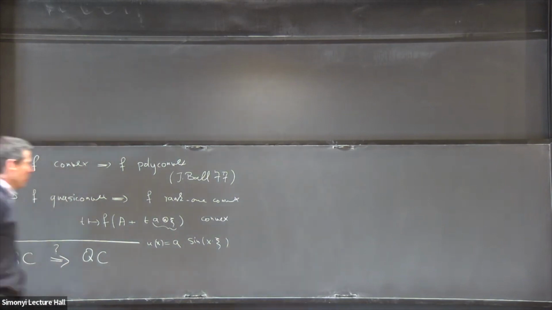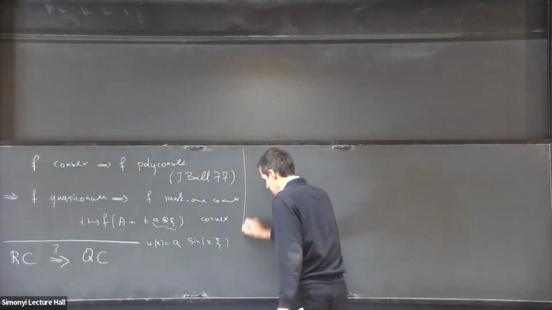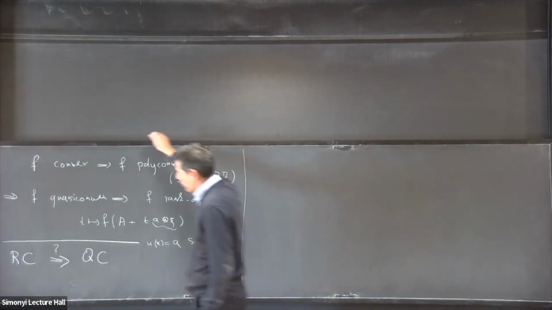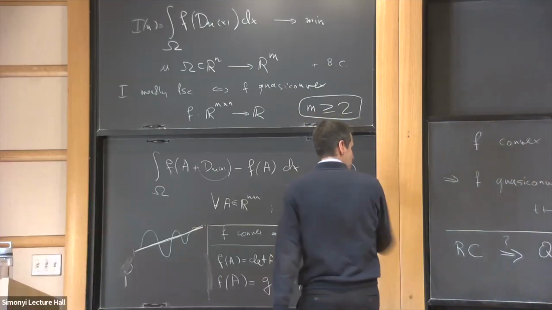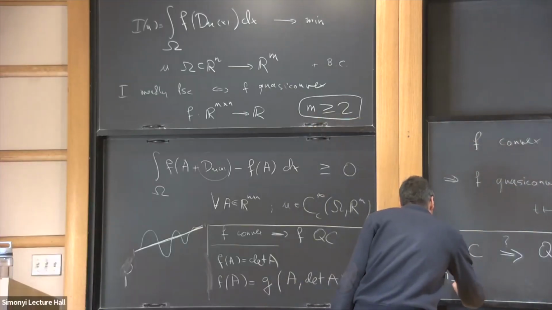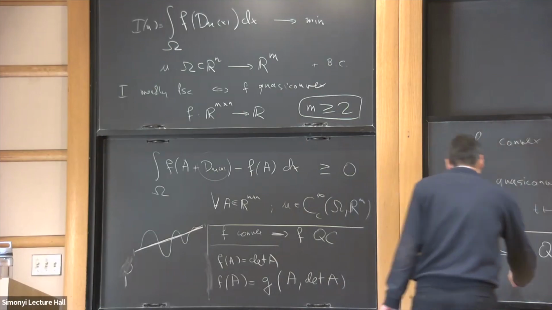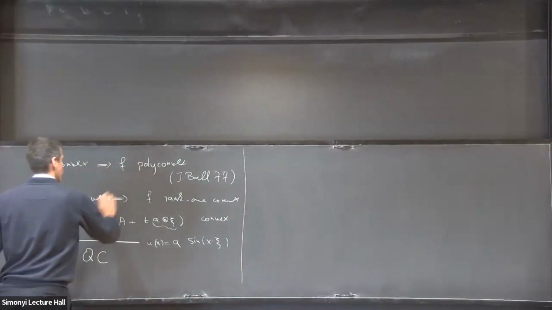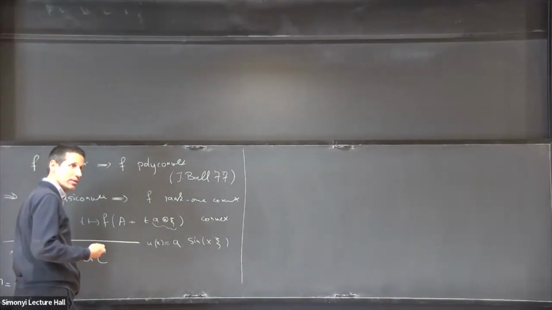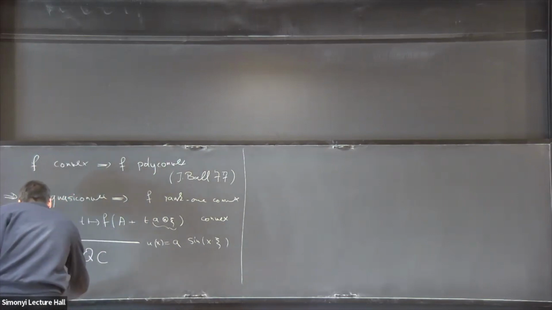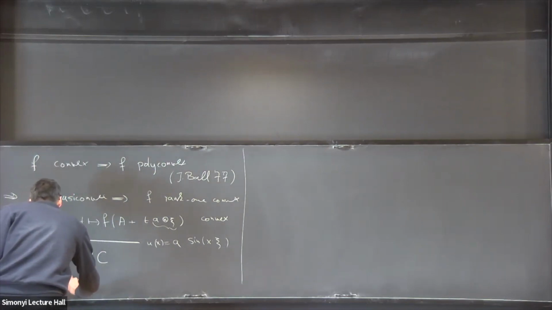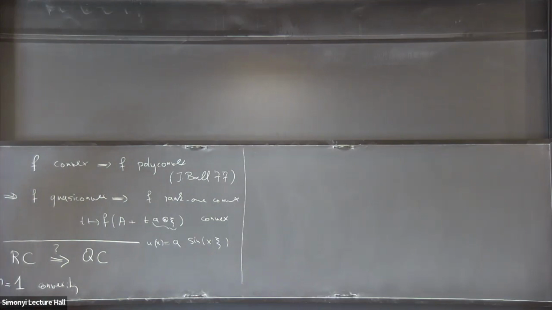Of course, if m is equal to 1, so what do we know? Then all of these notions reduce to convexity in the scalar case. Does rank 1 convex mean the direction is fixed?